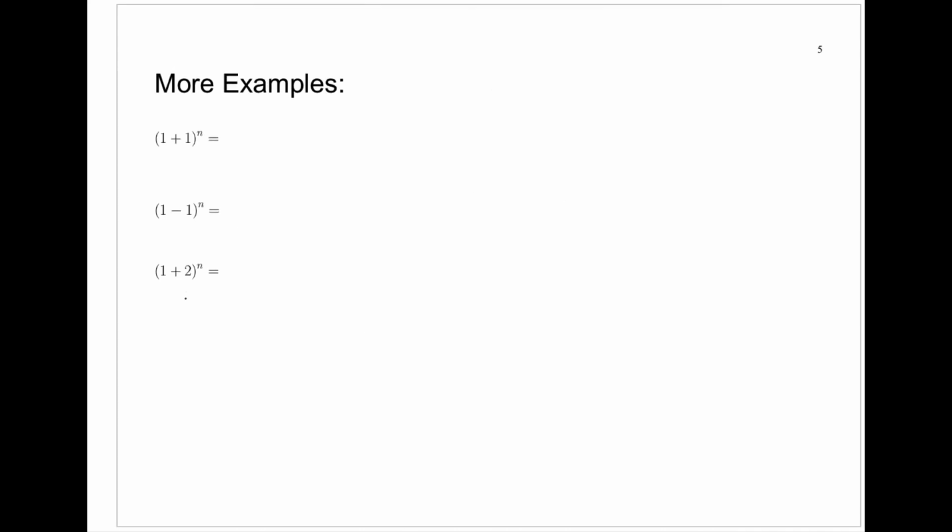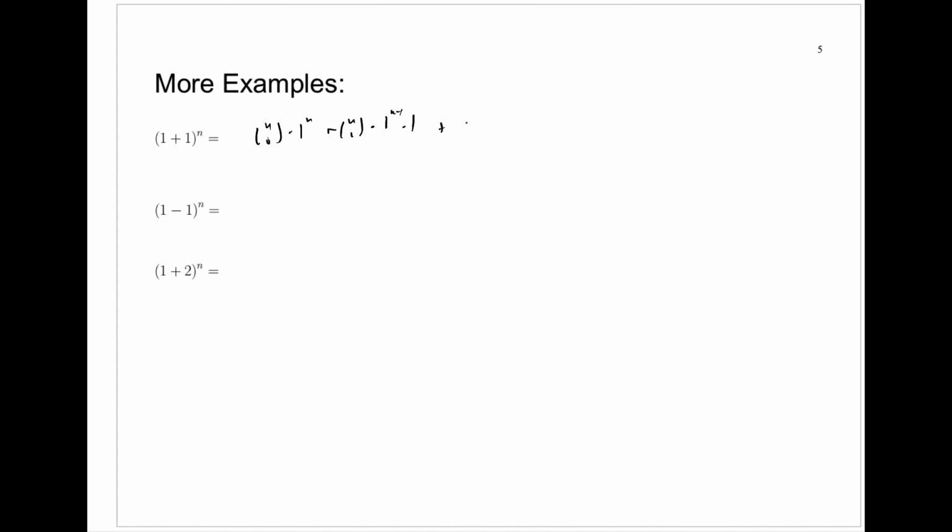Here's some more examples. What if you let A be 1 and B be 1? Well, then you get 1 plus 1 to the nth power is n choose 0, times 1 to the nth, I'll write it here, 1 to the nth times this 1 to the 0th power, plus n choose 1. Then you'll have a 1 to the n minus first times 1, and it's still going to be 1 to the nth, or just 1.